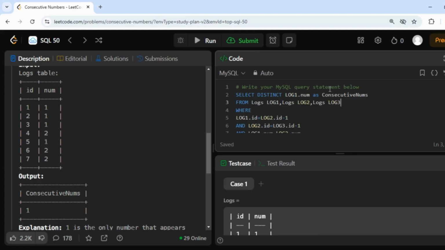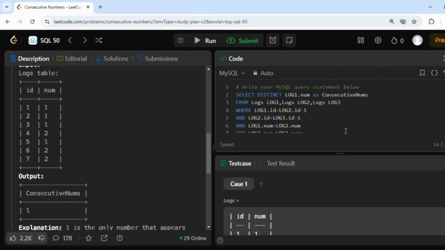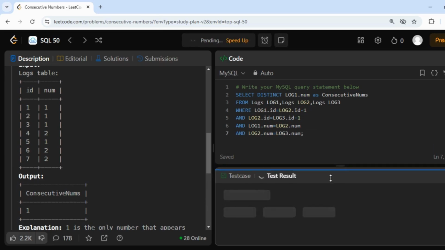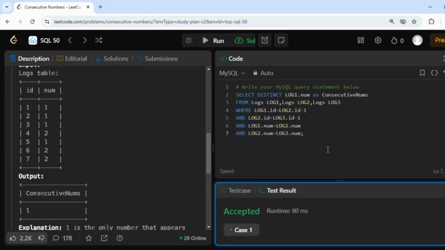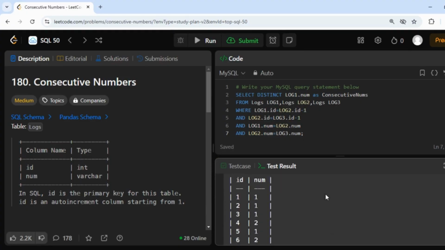Let me run it and see whether any error is coming or not. I'm just taking the first chance only.